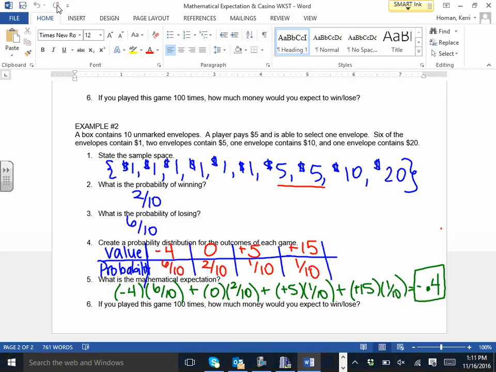So, yes, every time you play. So if you play 100 times, you take -0.4 times 100, and you're expected to lose how much? Okay, that sounds like a lot of money now, doesn't it? You're expected to lose $40.